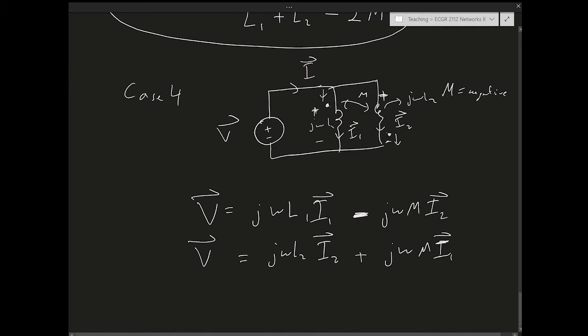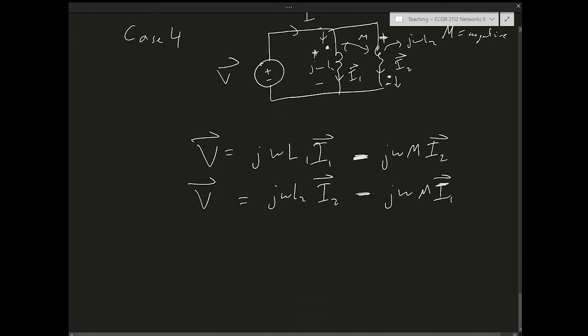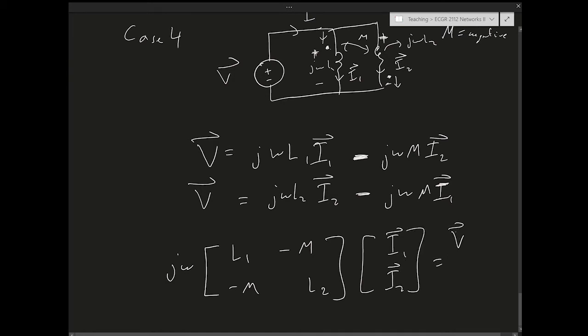The polarity of the dot is inverted with respect to the voltage I'm interested in, so this becomes negative. So we end up with kind of the same matrix. We end up with j omega times the matrix L1, minus M, minus M, L2, times I1, I2, equals V1, V2.